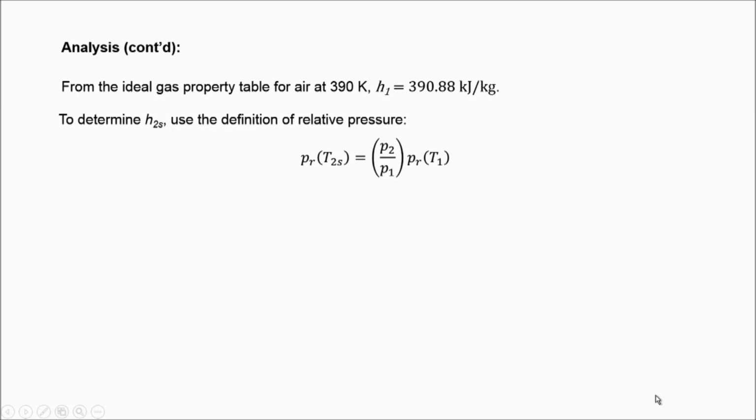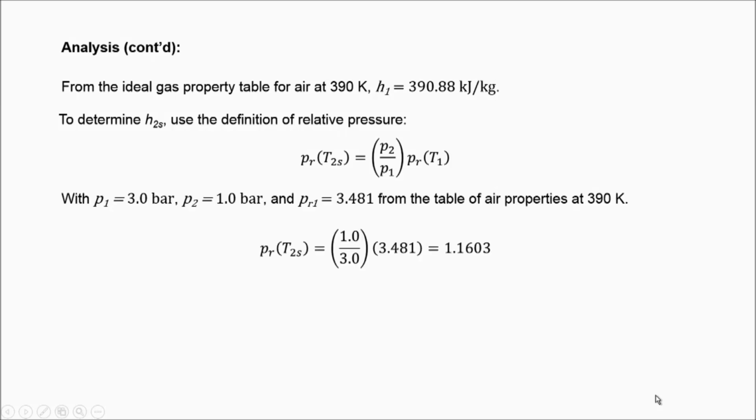Remember that the relative pressure concept is a convenient way to pre-tabulate the isentropic relationship between pressure and temperature. Keep in mind that a table of reduced pressure is built for a specific gas, in this case, air with k equal to 1.4. Given the values of P1 equal to 3 bar and P2 equal to 1 bar, and PR1 equal to 3.481 from the air table at T1 equal to 390 Kelvin, we can substitute into the above equation and obtain the following.